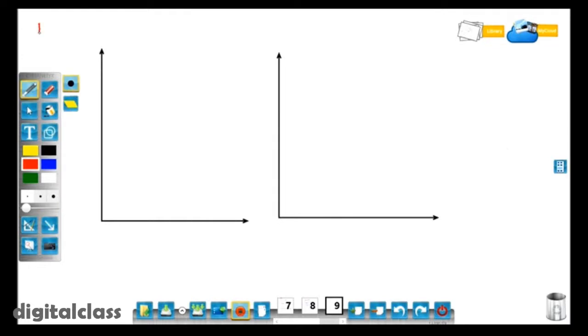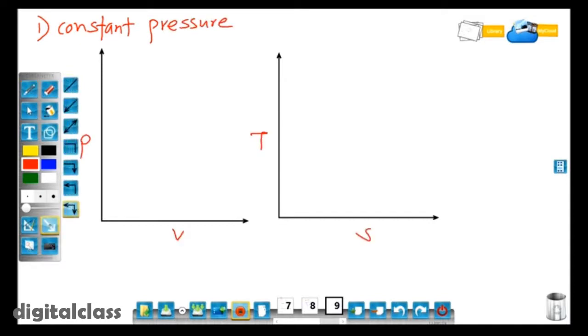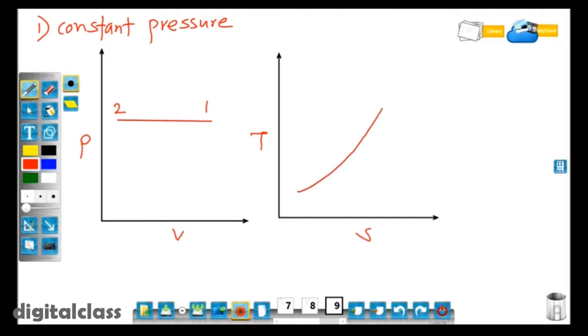So this is the PV and TS diagram. The first process is the constant pressure process, also known as the isobaric process. Here, when the system changes from 1 to 2, there is constant pressure, so there is a change in volume, as well as a change in temperature and entropy.